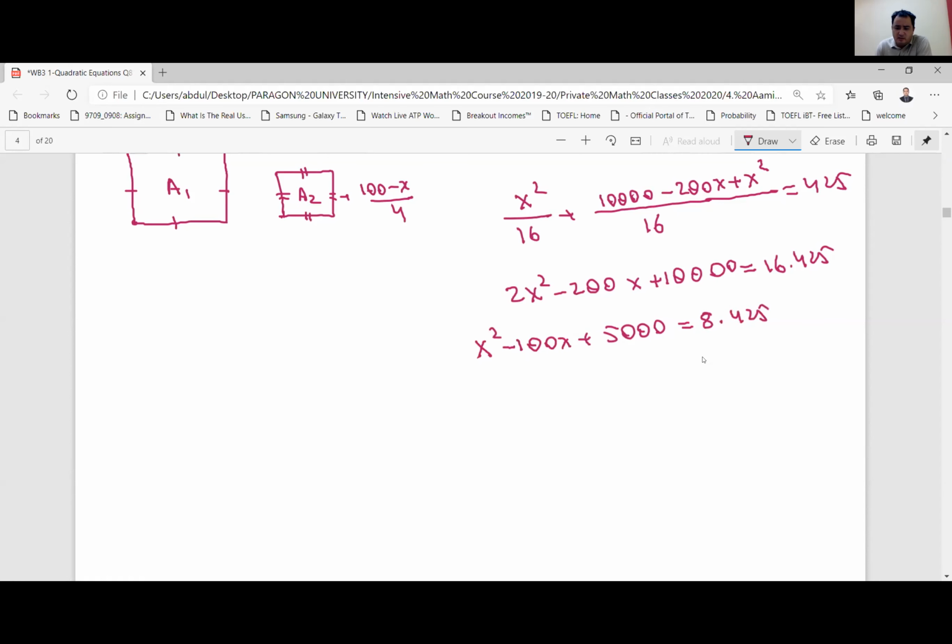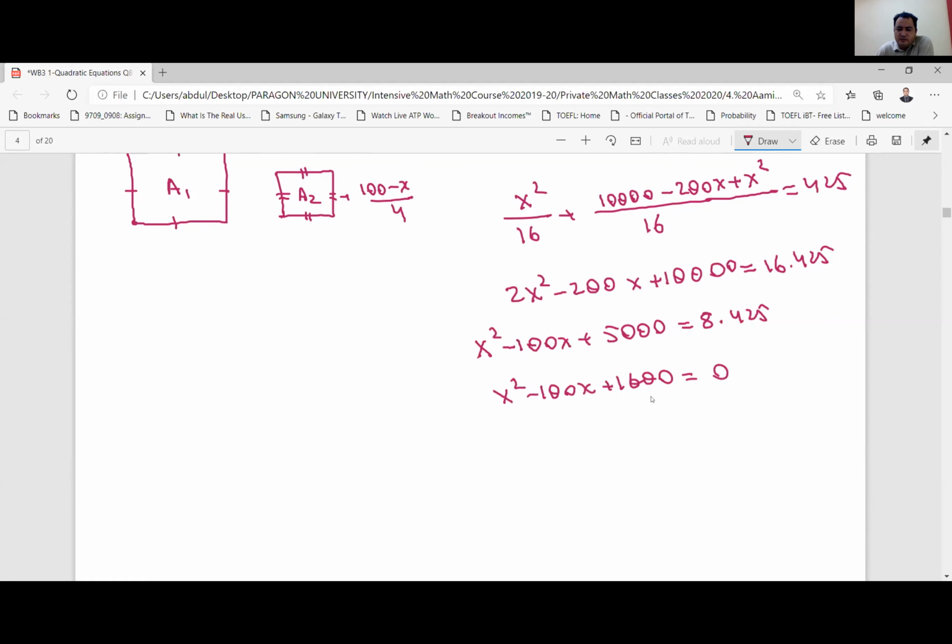And if you have a calculator, we can simplify this. Here we have X squared minus 100X plus 5,000 minus 8 times 425, that's equal to 1,600 plus 1,600. That's equal to 0. Okay, now we can solve this.